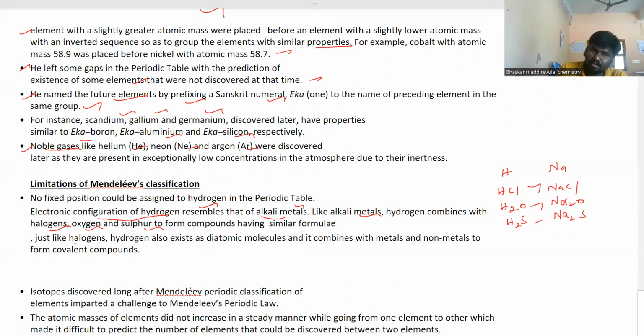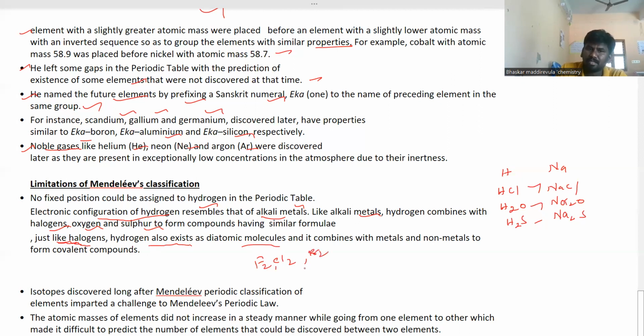Along with that, it also shows properties like halogens. Hydrogen exists as a diatomic molecule. Halogens like fluorine exist in the form of F2, and chlorine in the form of Cl2, so they are dimeric.